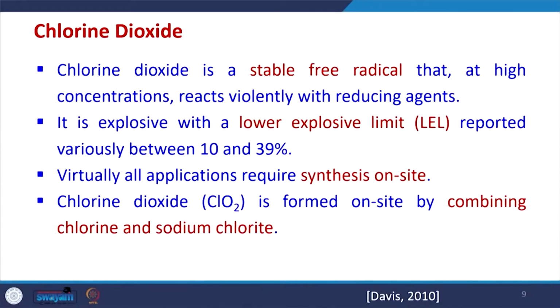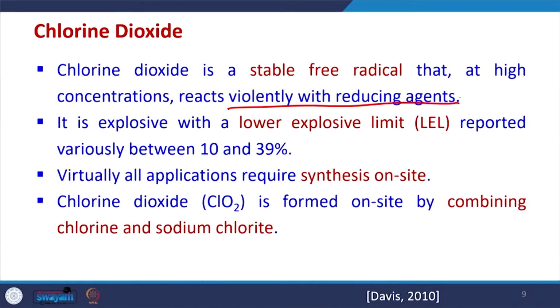Now, suppose we use chlorine dioxide. So, till now we have studied regarding chlorine or hypochlorite. Now, suppose we add chlorine dioxide. So, what are the essential chemistry of that we are going to learn. Chlorine dioxide is a stable free radical and at higher concentration reacts violently with reducing agents.